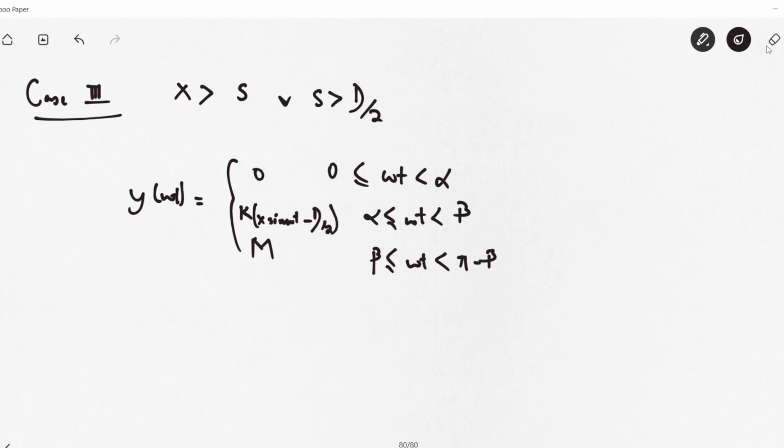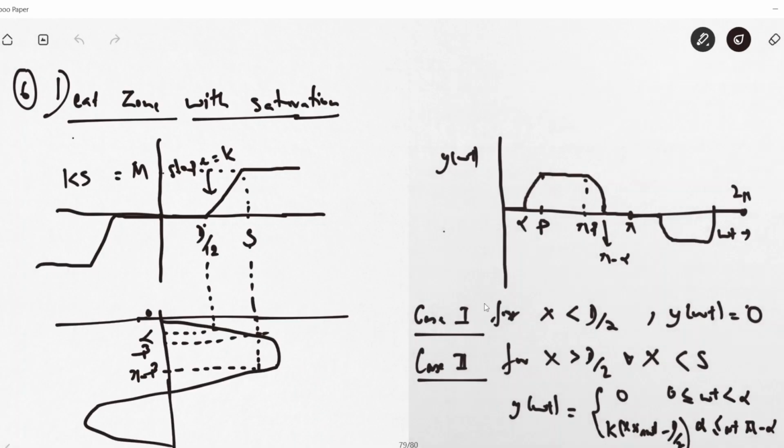This is m, and m is actually the magnitude of your saturated output, which is equal to k. In this case, it will be s minus d by 2, because our curve is starting from d by 2, not from 0. This linear curve. Fine.